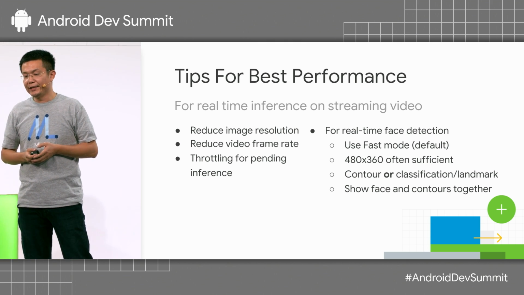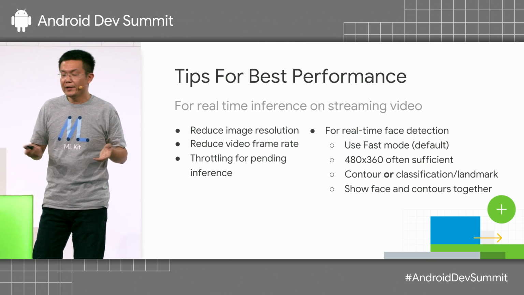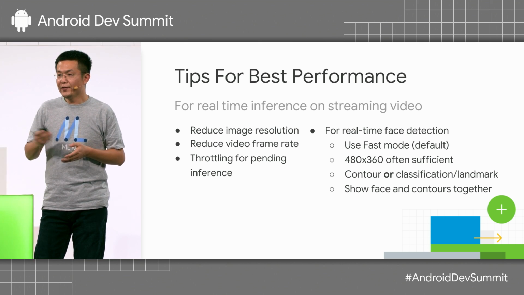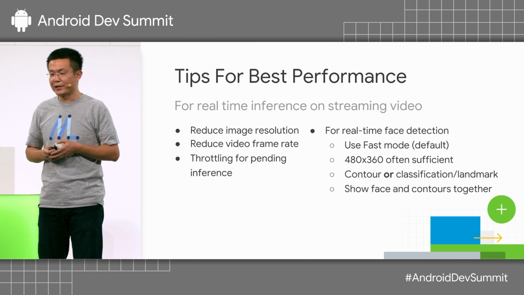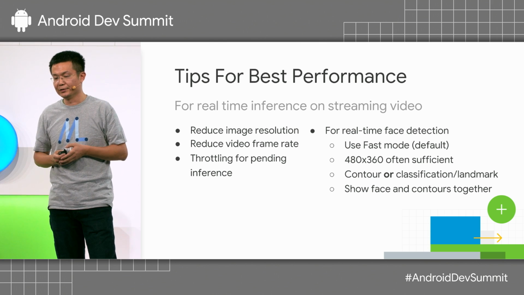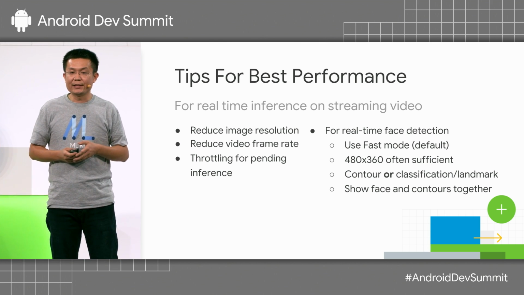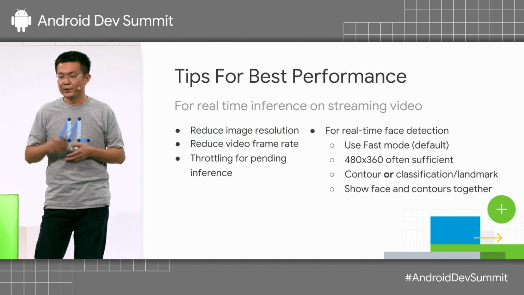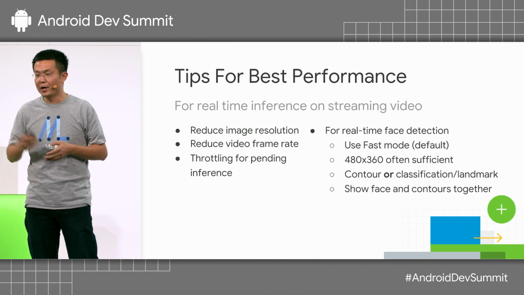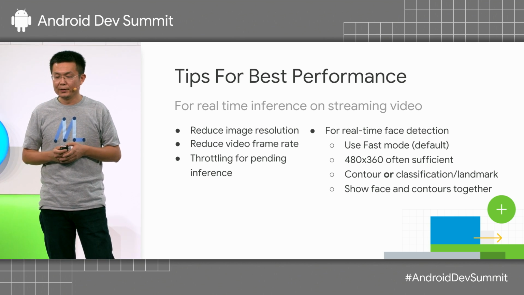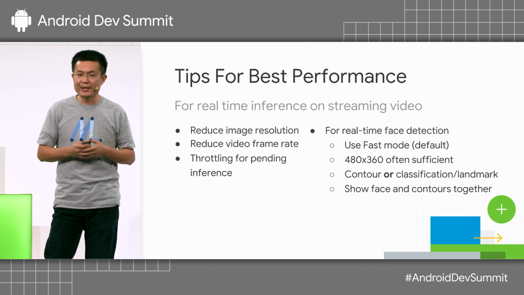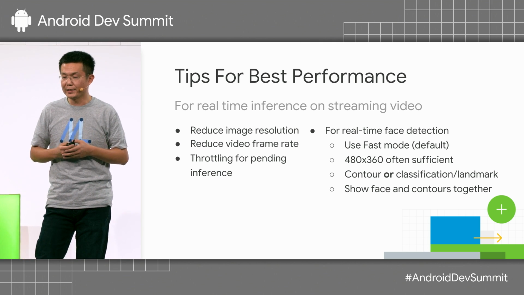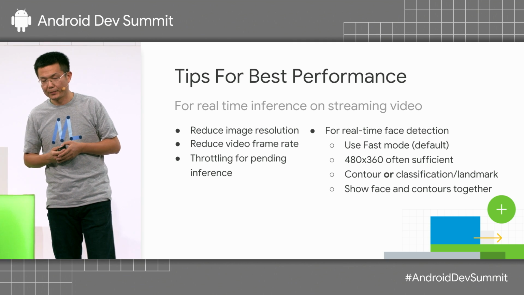For real-time face detection, you should use fast mode, which luckily is the default mode. Oftentimes, 480 by 360 resolution is sufficient for face detection. For real-time processing, you should also choose between contour detection versus classification or landmark detection, but not both, because doing both could be expensive and may not fit real-time processing on a slow device.